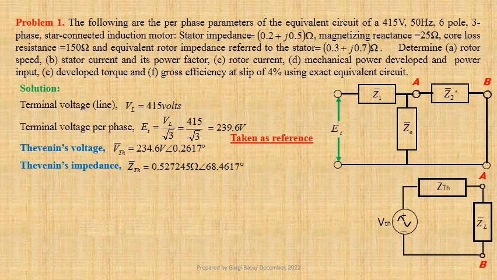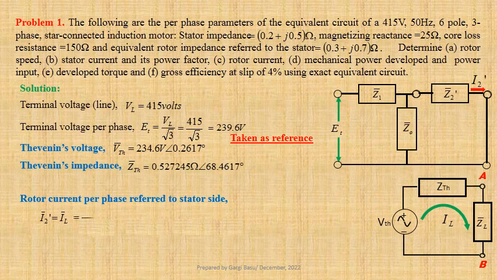Now we shall compute the load current or the rotor current per phase referred to stator side. I2 dash equals IL equals V Thevenin divided by Z Thevenin plus ZL, or V Thevenin divided by Z Thevenin plus Z2 dash.